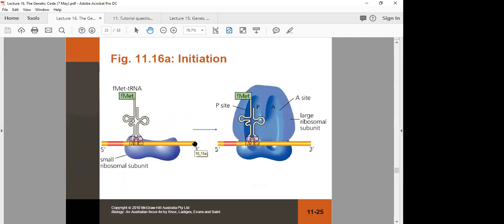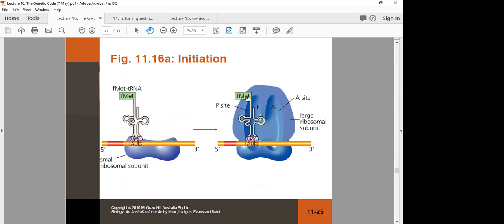There it is, single strand of messenger RNA, and it's positioned so that it will read this start codon first, AUG. AUG is complementary to this anticodon found in the transfer RNA molecule that carries the amino acid methionine. So only this transfer RNA molecule can actually bind here to the AUG start codon.